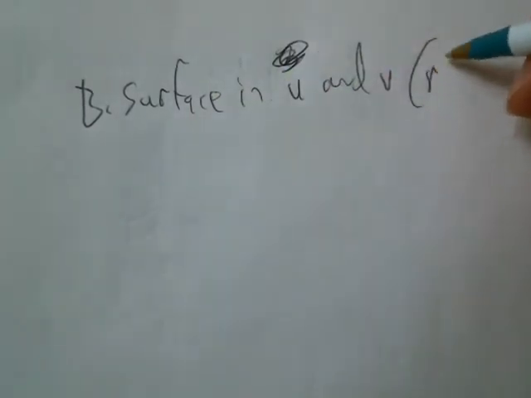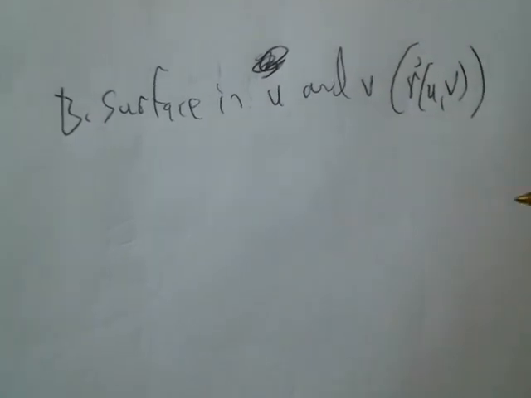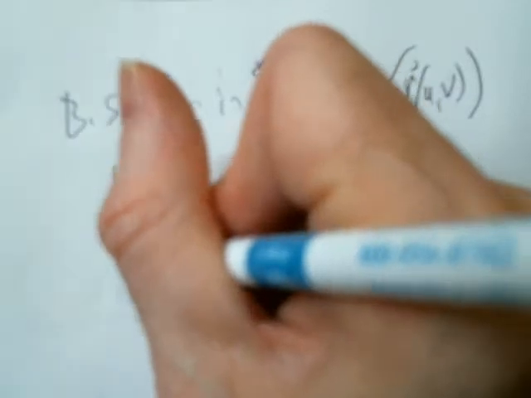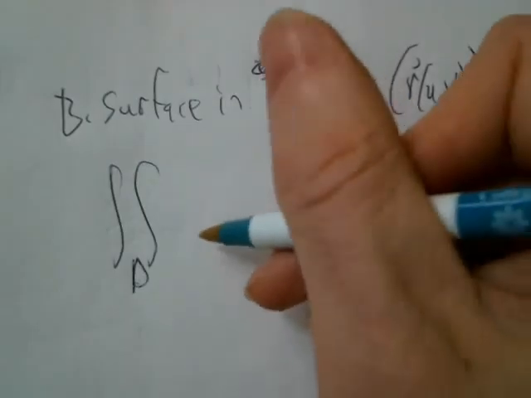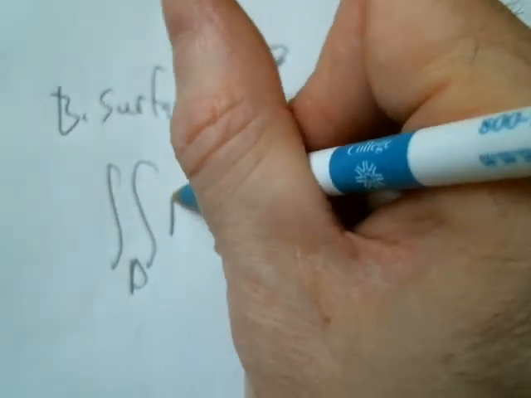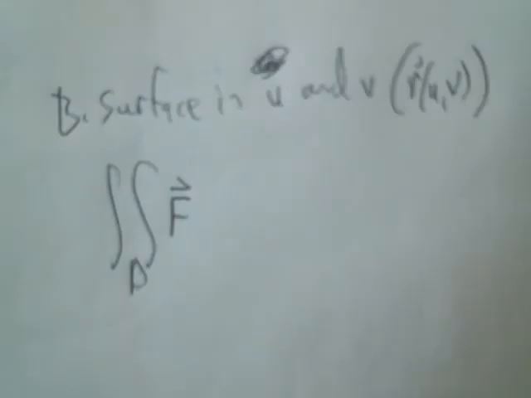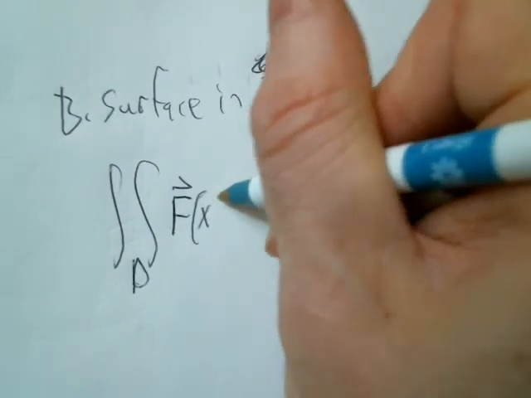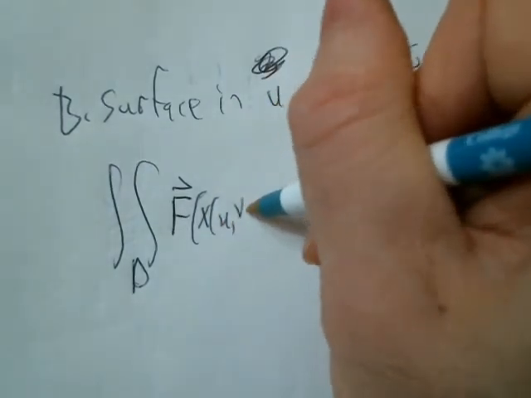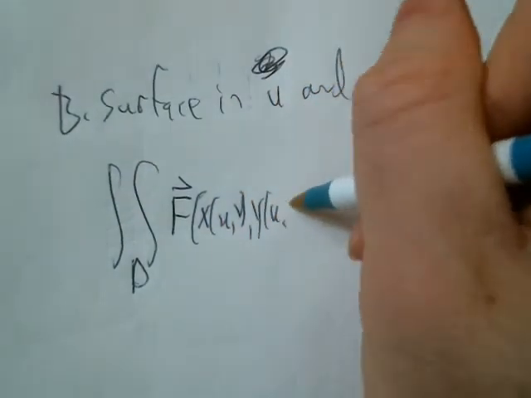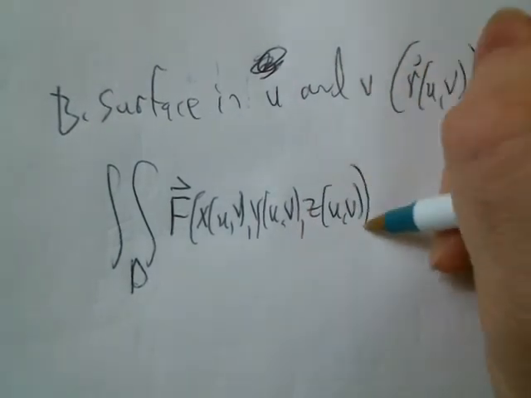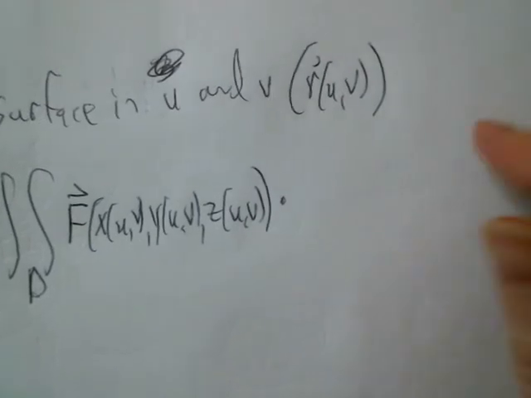Our formula is some vector valued equation in terms of U and V, and what will that look like, right? So I have a double integral over some region in the UV plane of f, which will have to be reparameterized in terms of U's and V's: x of U, V, y of U, V, z of U, V, dotted with our normal vector.